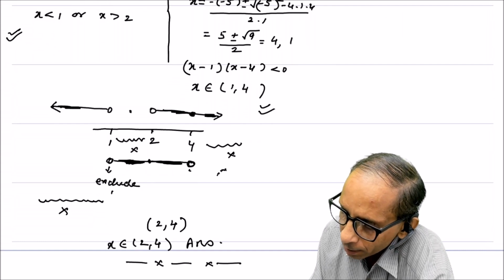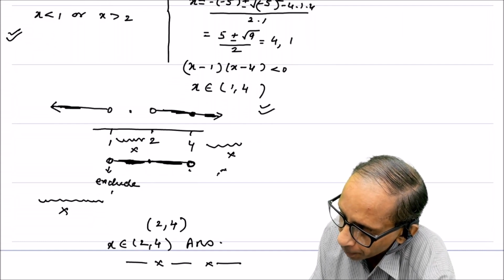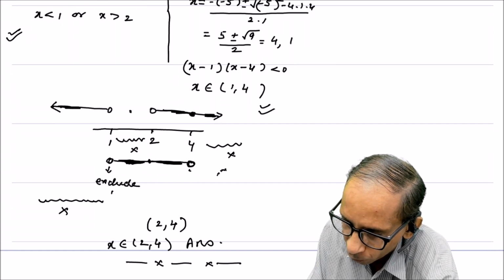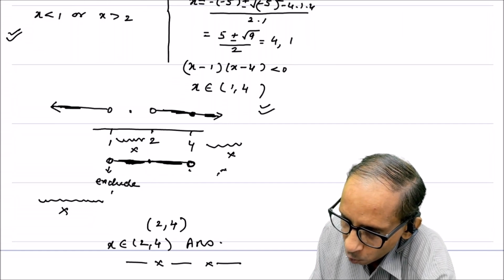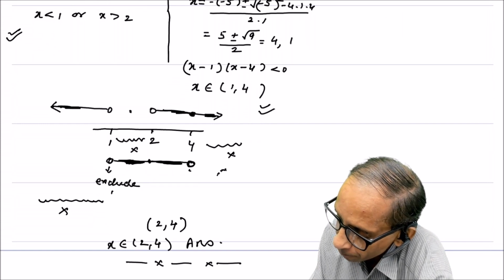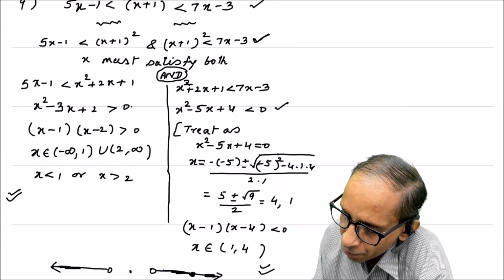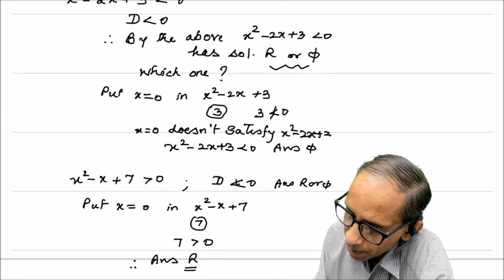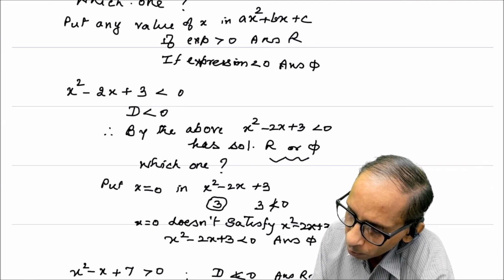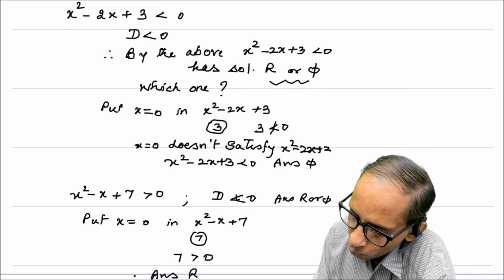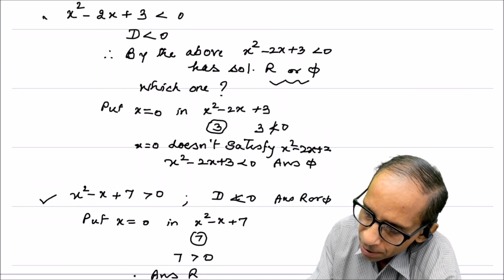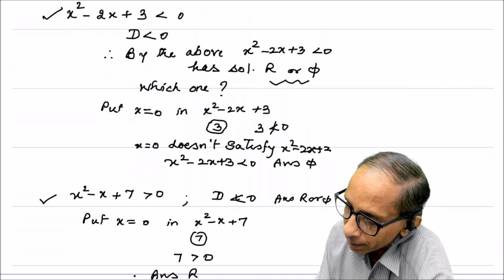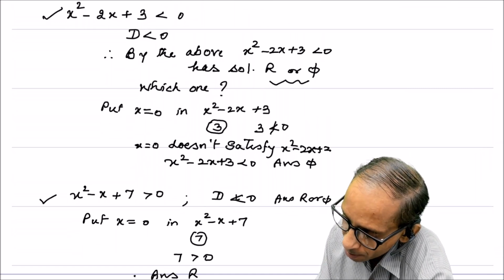We have considered the case of completion of squares and splitting of middle terms as well as finding of the roots for solving quadratic inequalities. We have considered extreme situations like x square minus x plus 7 greater than 0 as well as x square minus 2x plus 3 less than 0, where the solution is either the empty set or the reals.